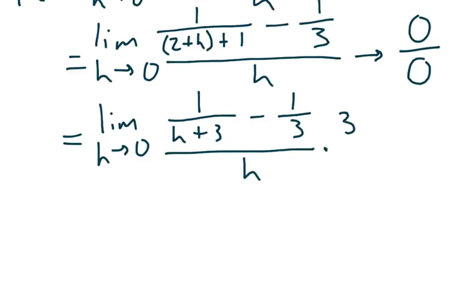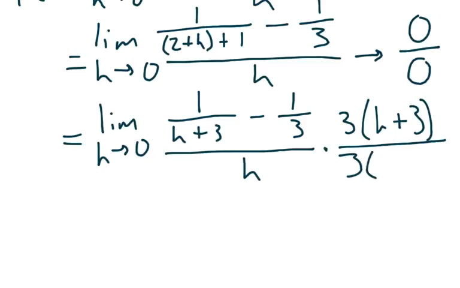Let's multiply by the fancy one, 3 times h plus 3. That would be the common denominator if we were going to combine these fractions. Since we're multiplying both the top and the bottom by 3 times h plus 3, we are not changing the expression.